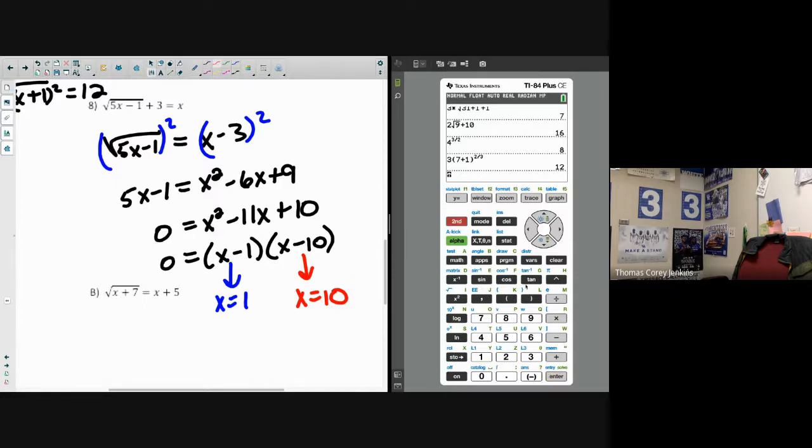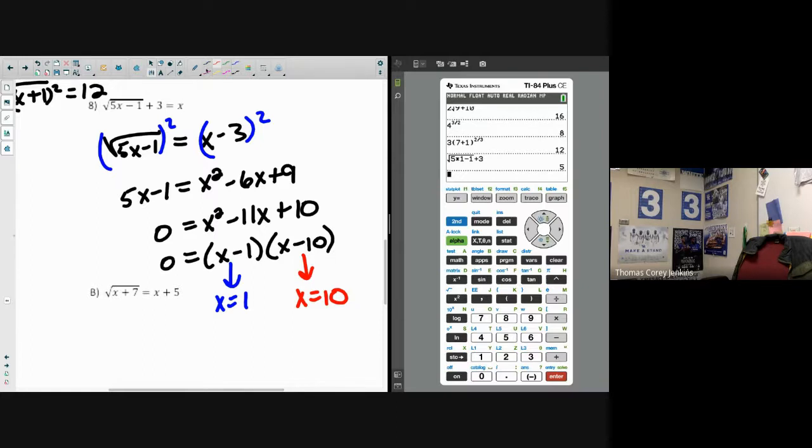So going back to the top, we want to do square root of 5 times x minus 1. So that'd be 5 times 1 minus 1. And then go out, add 3. And then that's equal to 5. All right, remember this is supposed to be equal to x, right? So this side should have been 1.